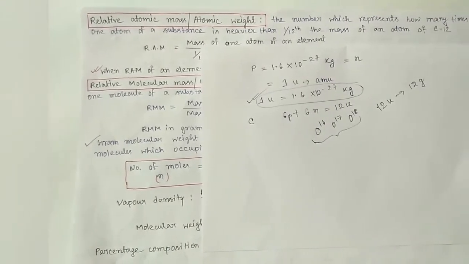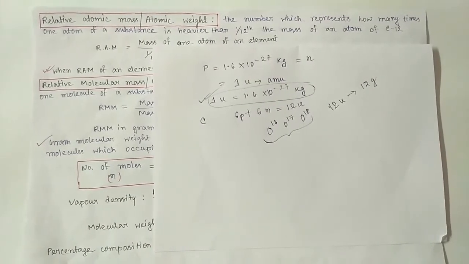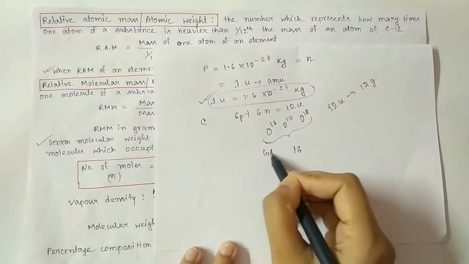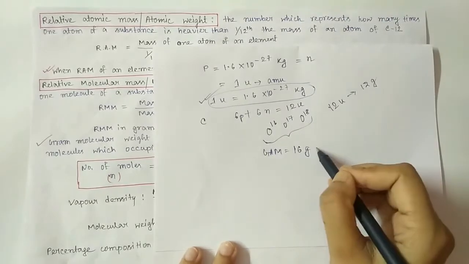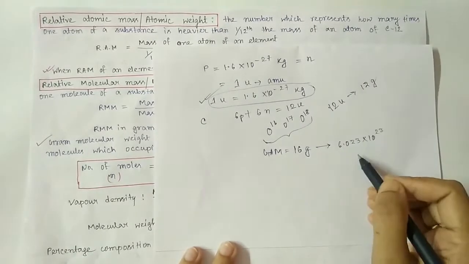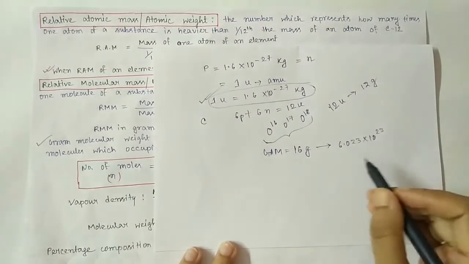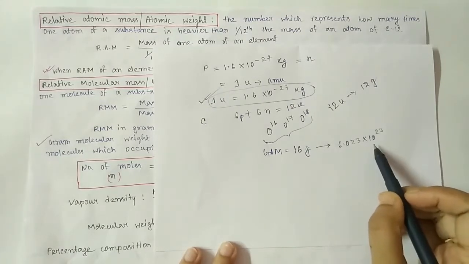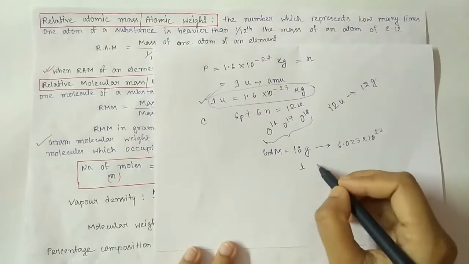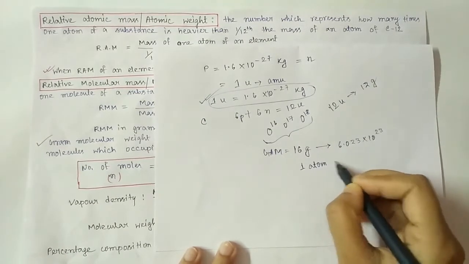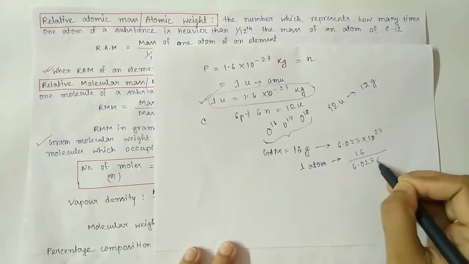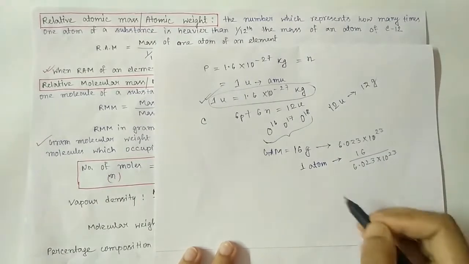I am asking you to calculate the mass of one atom of oxygen. I just told you that the gram atomic mass of oxygen is 16, and these 16 gram have 6.023 into 10 to the power 23 atoms. Thus these 6.023 into 10 to the power 23 atoms will have the weight 16 gram, and one atom of oxygen will have the weight 16 by 6.023 into 10 to the power 23.